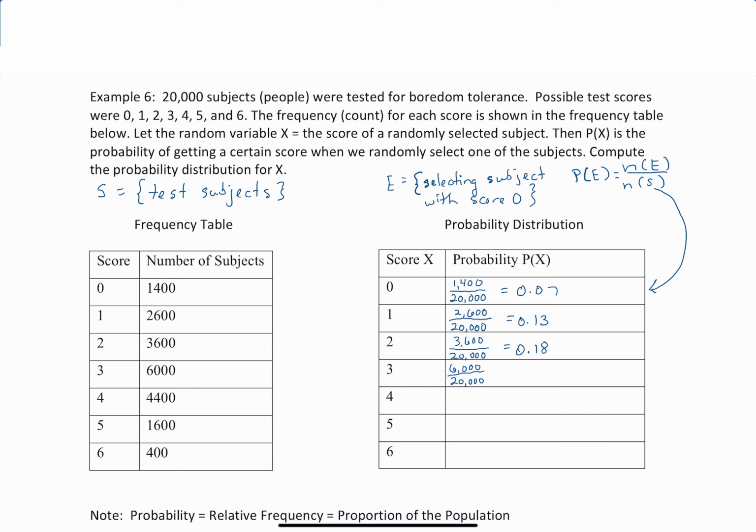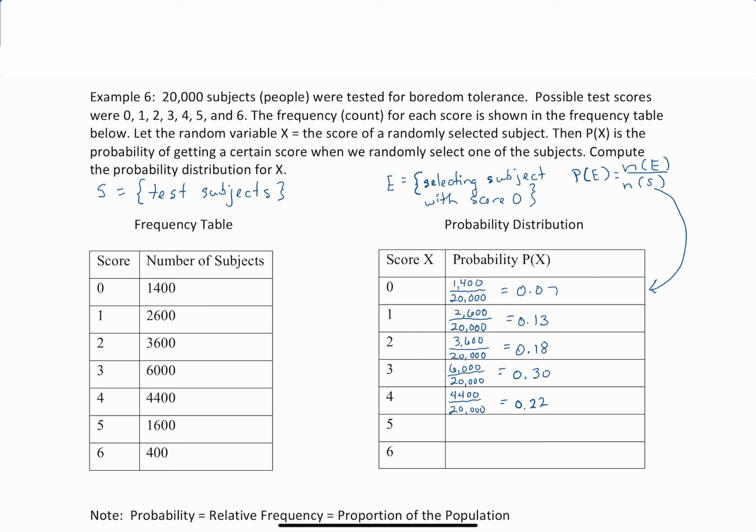That is 0.3. 4,400 divided by 20,000 is 0.22.